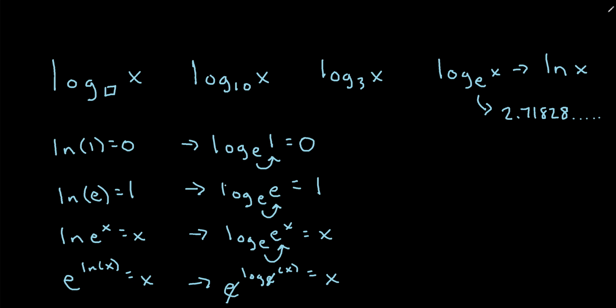So knowing these properties, let's go ahead and solve some natural logarithm equations. Let's say we have the natural log of e to the 14th power. How can we figure out what this is equal to? Well, we can throw the 14 out front, and we can say this is actually 14 times the natural log of e.